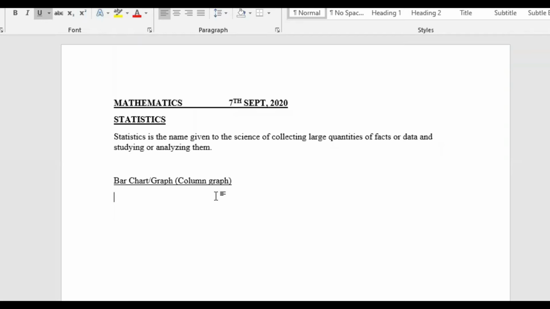All right, and like I said, it can be drawn vertically or horizontally, but basically what you are doing is vertical. The vertical bar chart is what you're focusing on. That's the one that we will be focusing on. So all you need to remember is that a bar chart consists of a number of rectangular bars of the same width, drawn vertically or horizontally, and evenly spaced out.